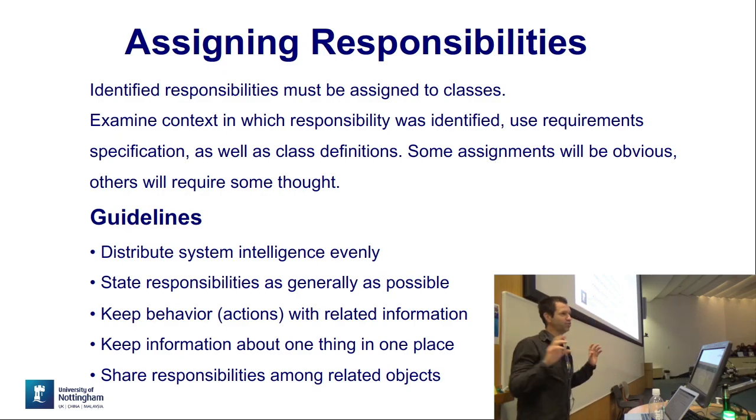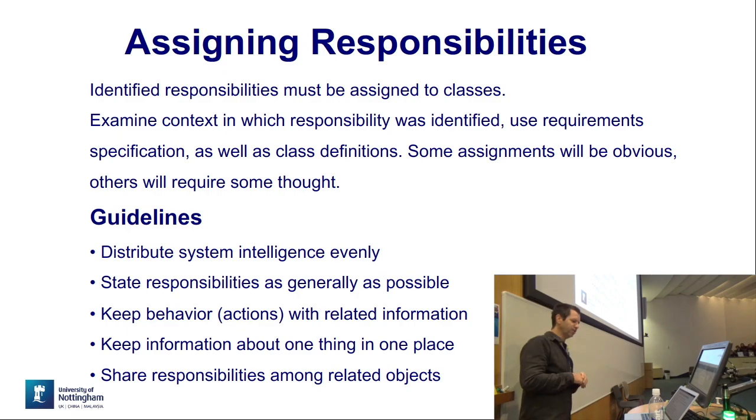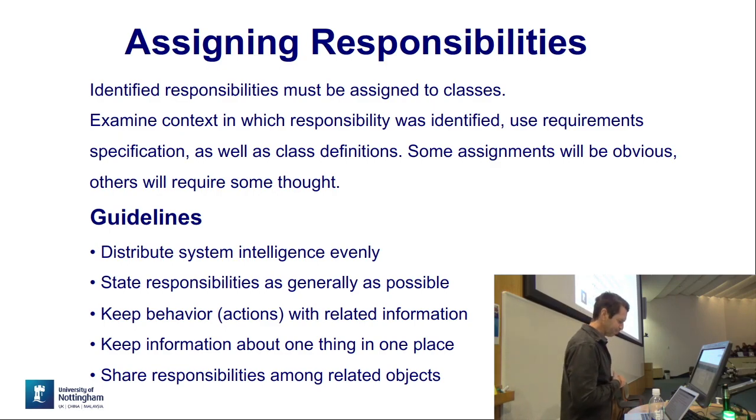Firstly, we want to distribute the responsibilities and try to distribute them evenly. State responsibility as generally as possible. Keep behavior with related information. Keep information about one thing in one place. And share responsibilities among related objects. Anybody know why we keep information about one thing in one place?